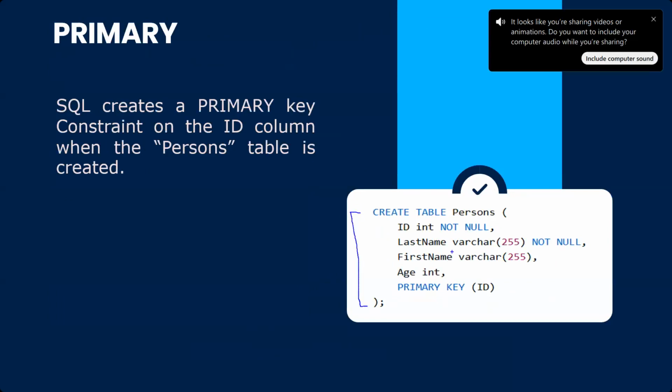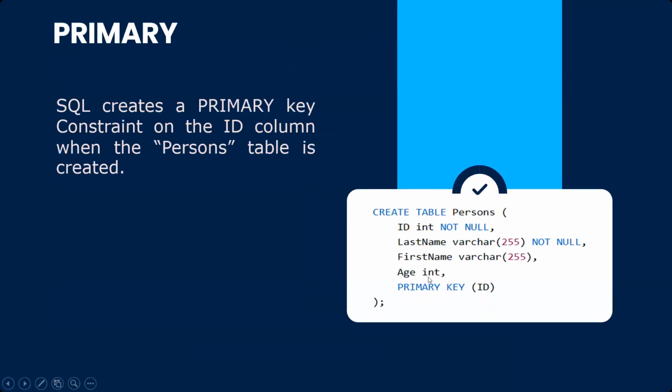The table name is persons, ID is an integer type that should be not null, last name should be not null, first name can be null, and age should be an integer, and ID should be a primary key column. I already told you that not null and unique combined is called a primary key column.